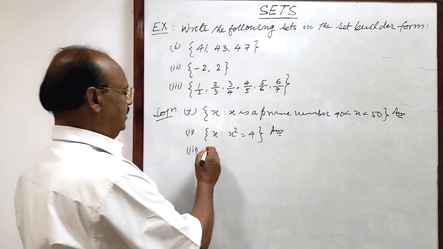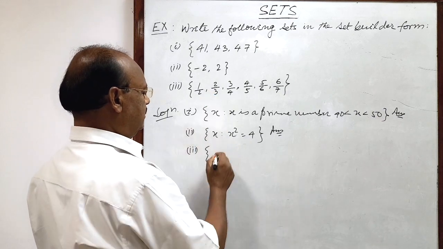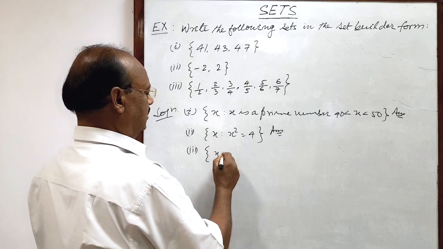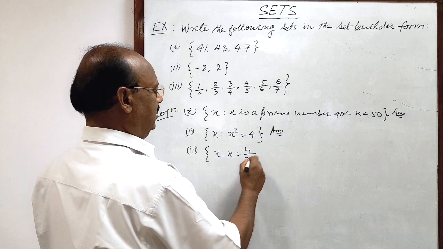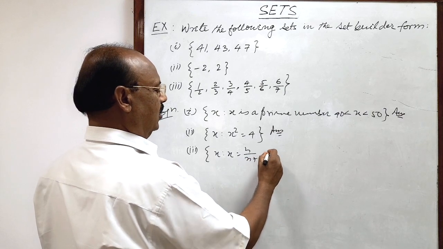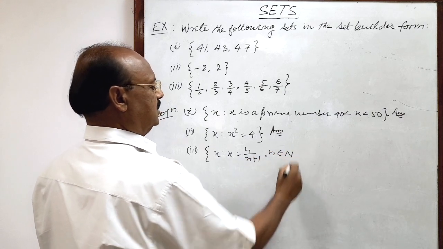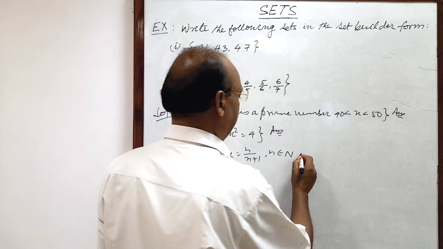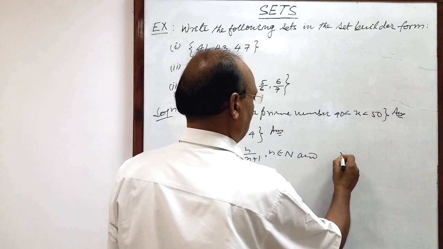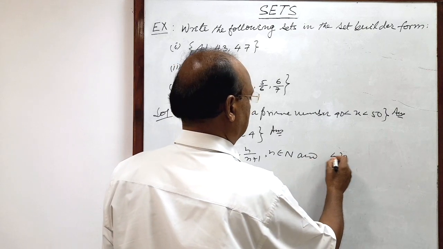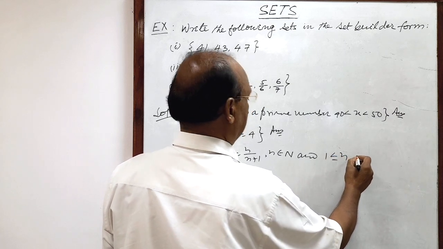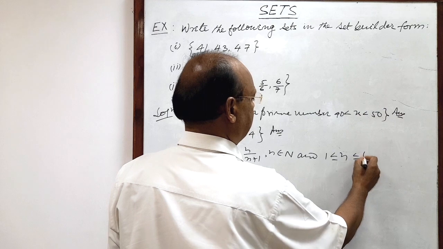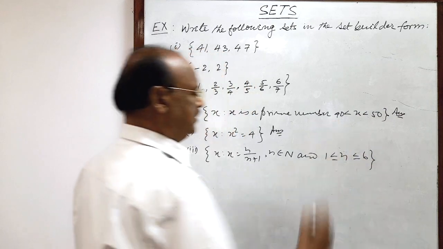So here this set we can write like this: X such that X is equal to n by n plus 1, where n belongs to the set of natural numbers and n is greater than or equal to 1 and less than or equal to 6.